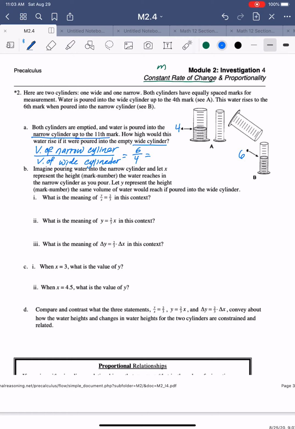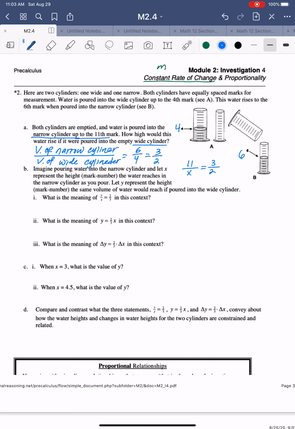If you simplify, it's 3/2. So that's actually the ratio: 11 over the mark on the narrow cylinder, and then we're looking for the mark on the wider cylinder, and that's 3/2.